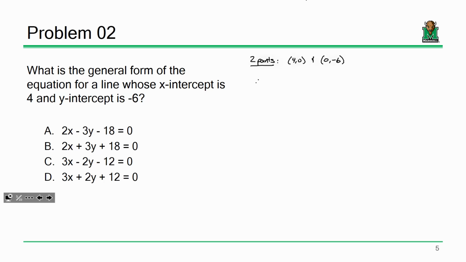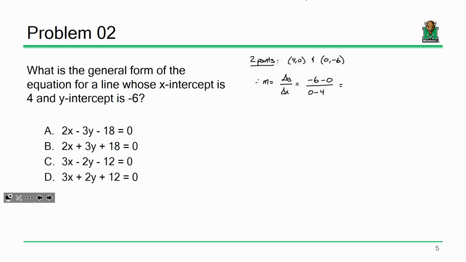The slope. So I propose that the slope is the change in y over the change in x. And you just got to be consistent. So if we say y2 minus y1, we'll say negative 6 minus 0. And then x2 minus x1, 0 minus 4.